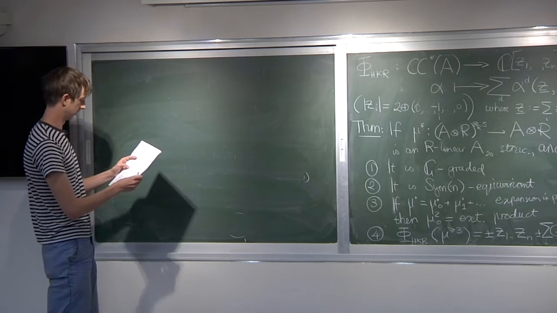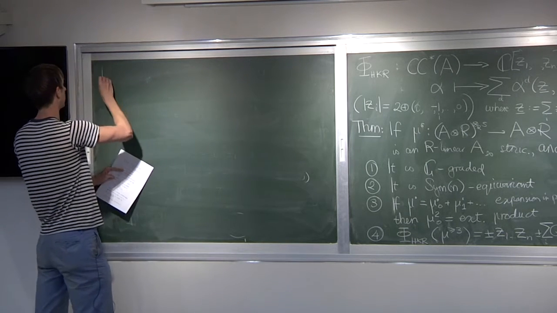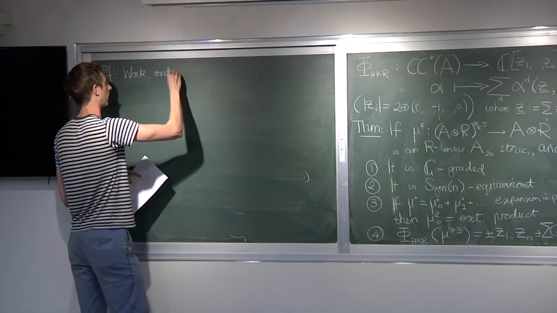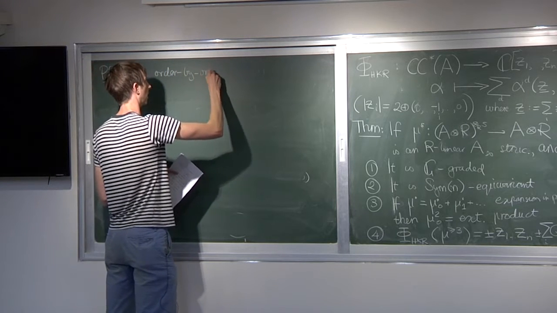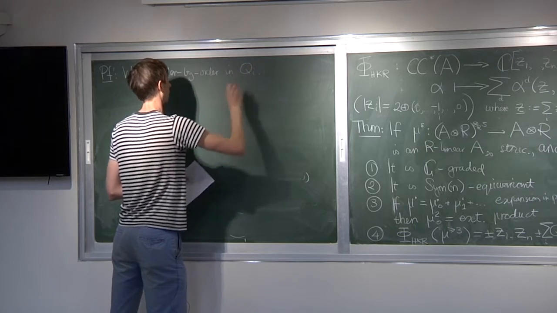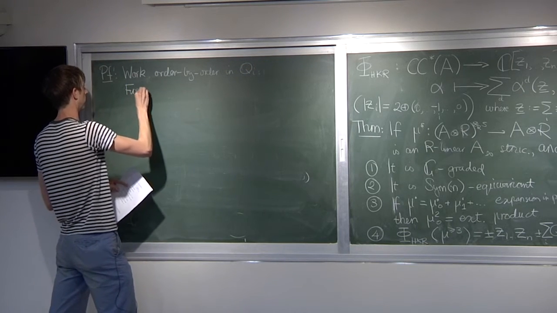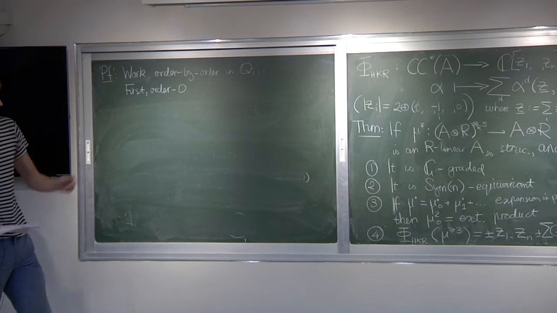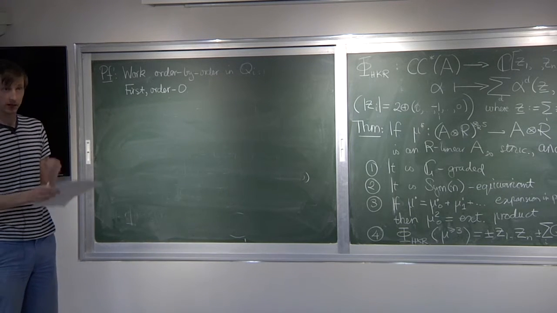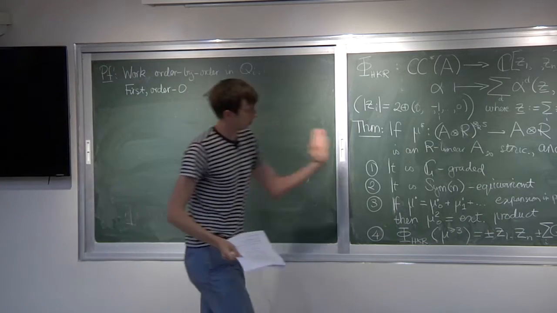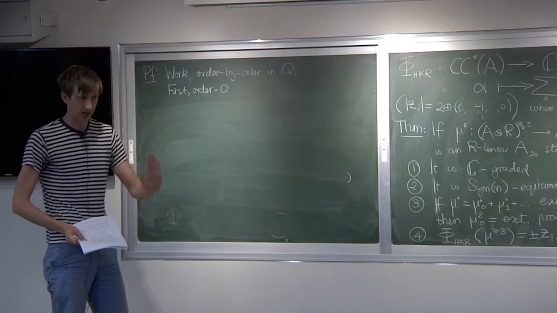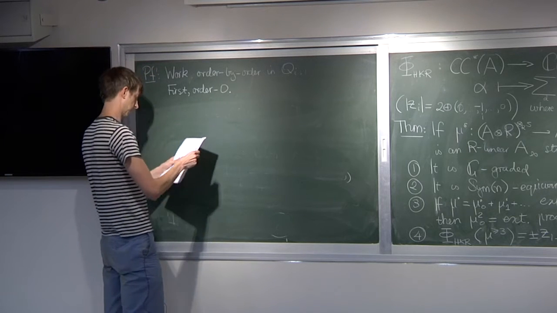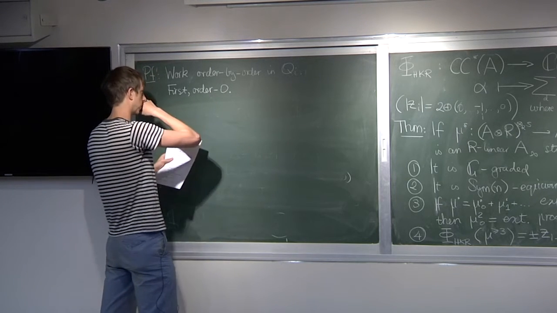So let me explain why this is true. The first thing to do is say if we've got mu and m like this, then just setting all the qi equal to 0, we get an A infinity quasi-isomorphism between these two guys.